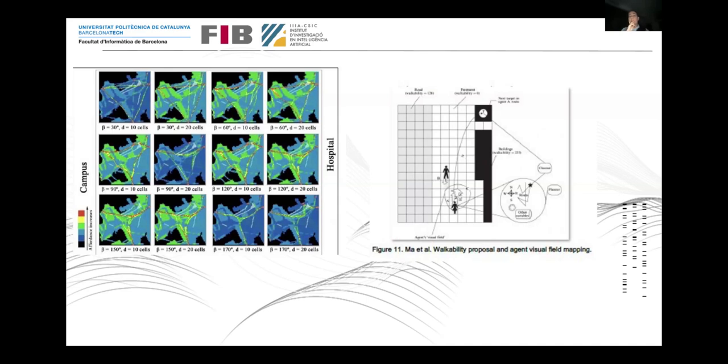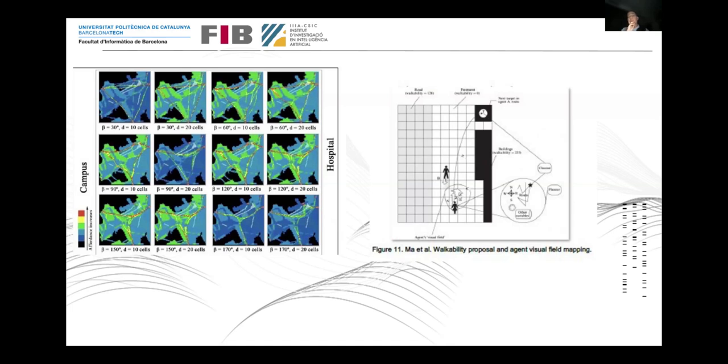We can see here on the left some of their experiments trying to understand the influence of different angles of vision and different distances of vision for the agents, and the different results that were given. And on the right, we have the diagram they present of the way in which they map and give this walkability characteristic of 0, 1, or an intermediate value, depending on the type of patch on the grid that the agent is surrounded by.